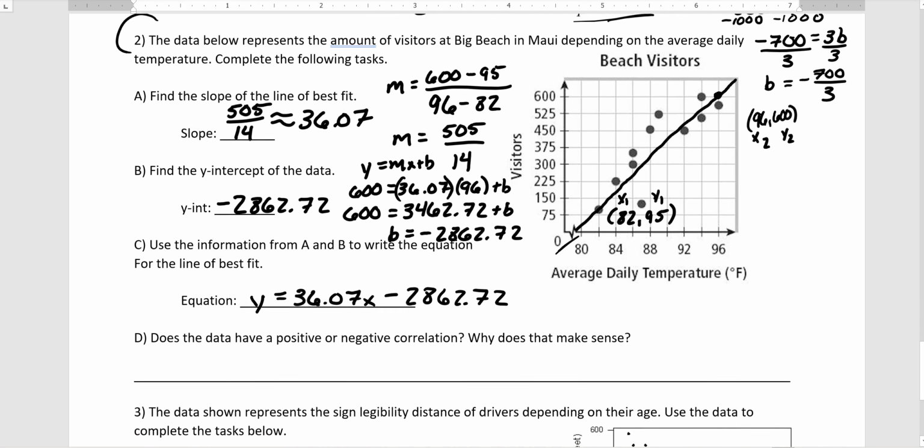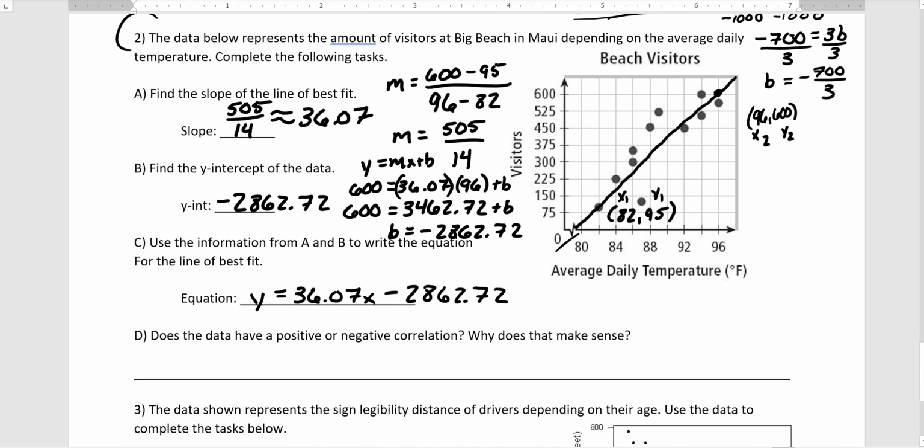All right, looking at letter D, does the data have a positive or negative correlation? Why does that make sense? Well, the data has a positive correlation. We can see that because the line has a slope that's positive. Why does that make sense? Well, think about it in the context here. As the temperature gets higher, do you think more or fewer people want to go to a beach? More people.